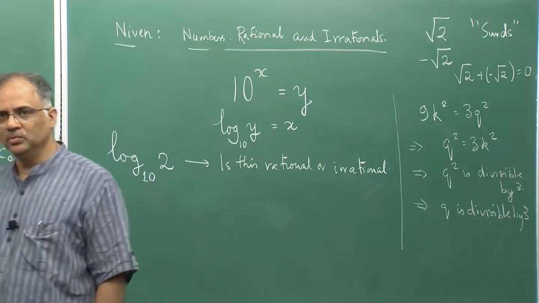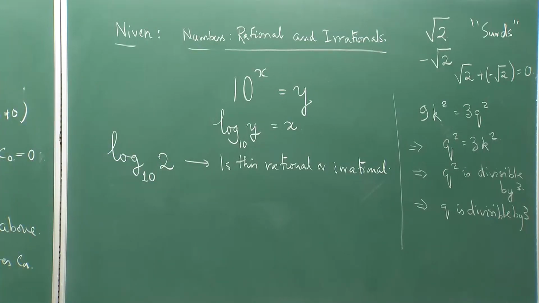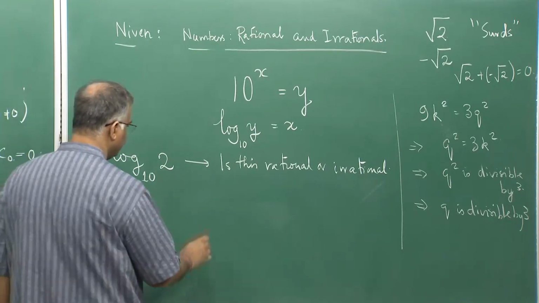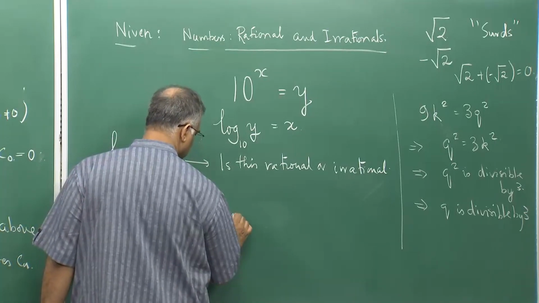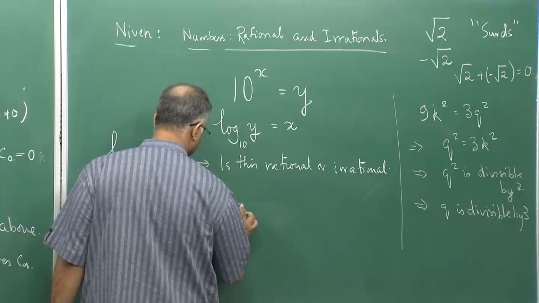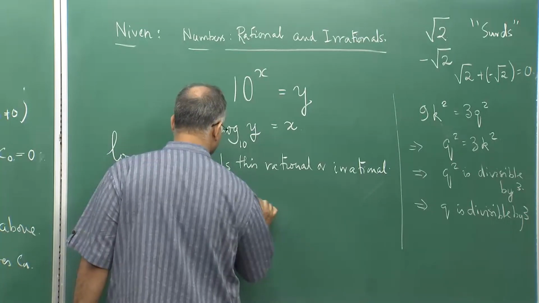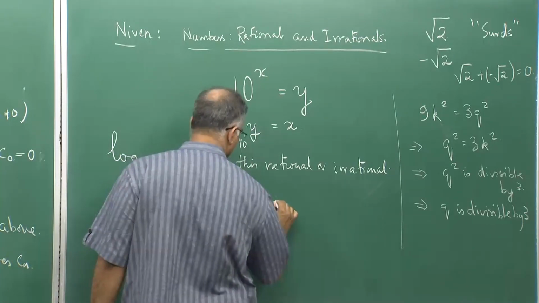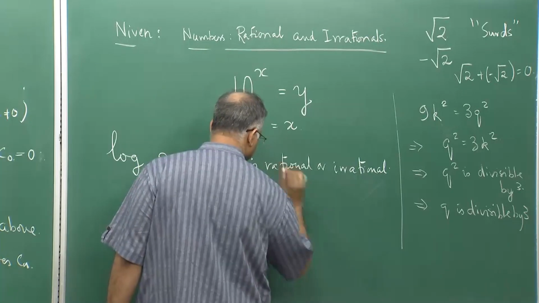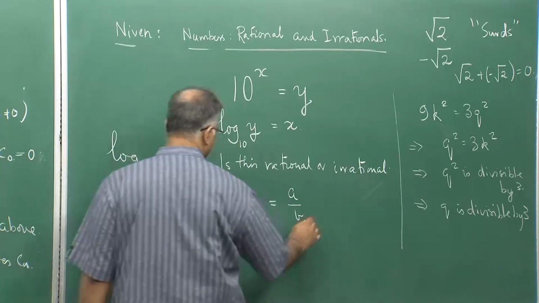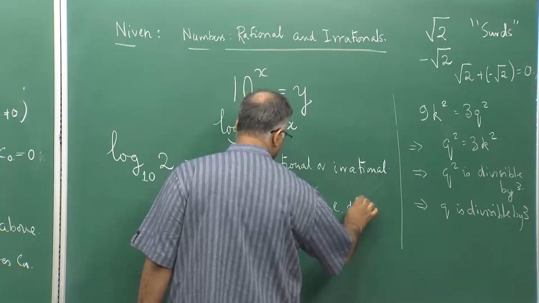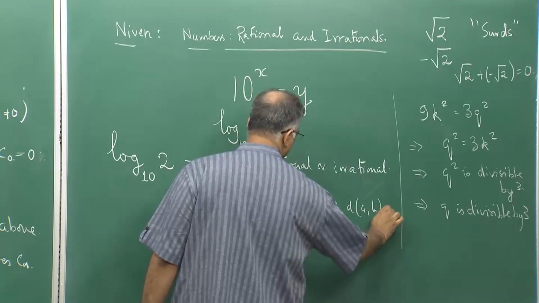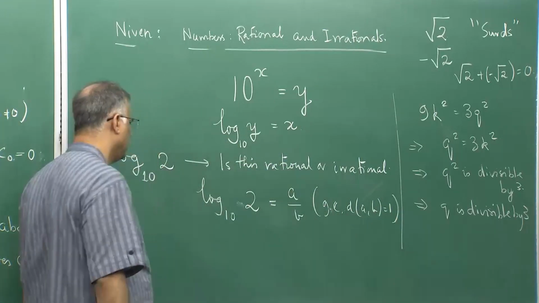Okay, let me assume that it is rational as before, say A by B in the reduced form, GCD is 1.